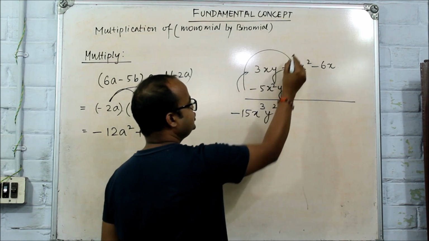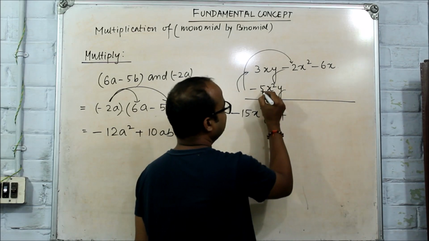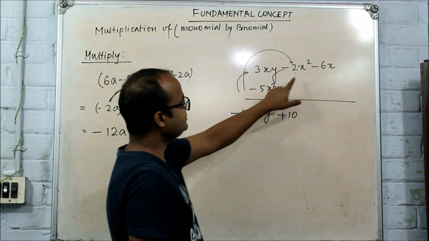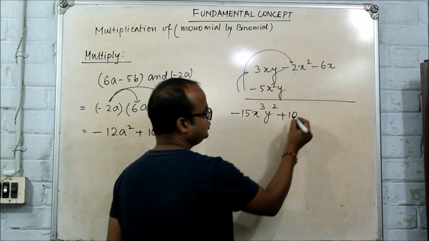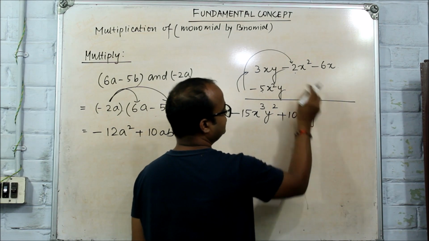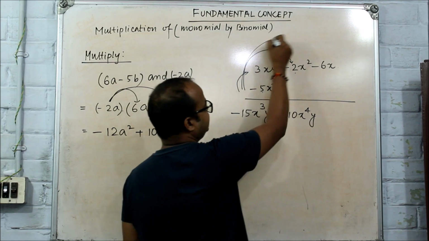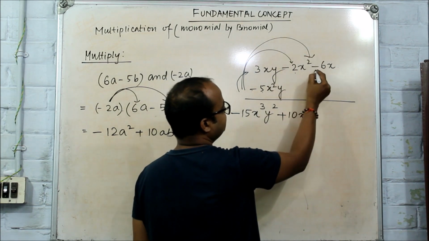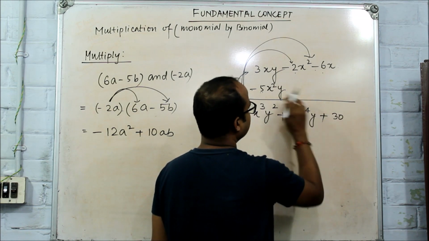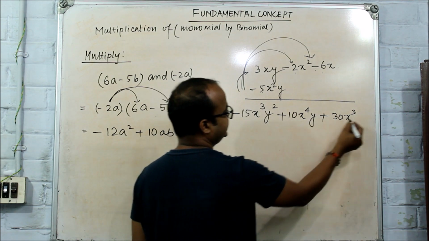Now multiply these two, minus of minus, that is plus, 5 into 2, 10, numerical coefficient, x square into x square, that is equal to x to the power 4, y, no y term is there, so it will be y only. Then multiply these two, minus into minus is plus, 5 6s are 30, x square into x, this is equal to x cube into y.